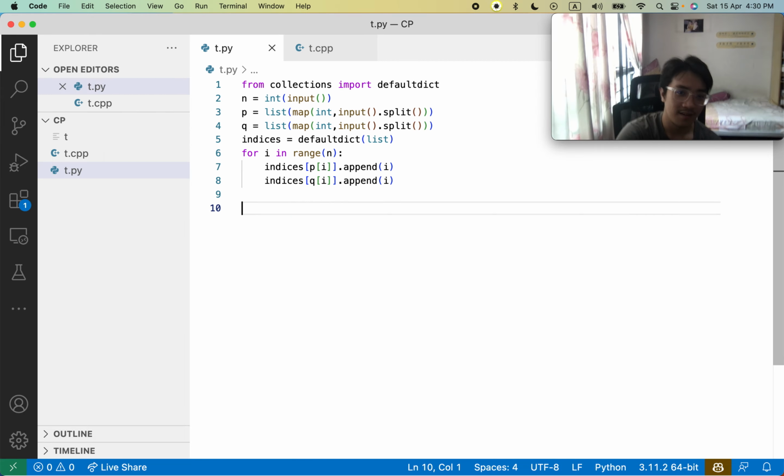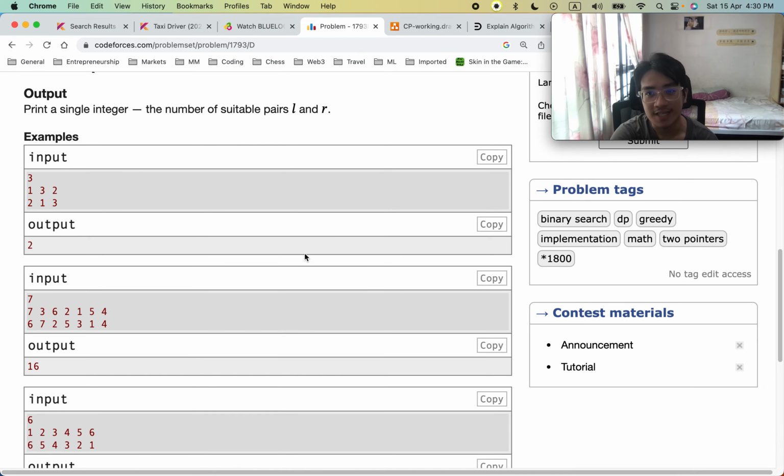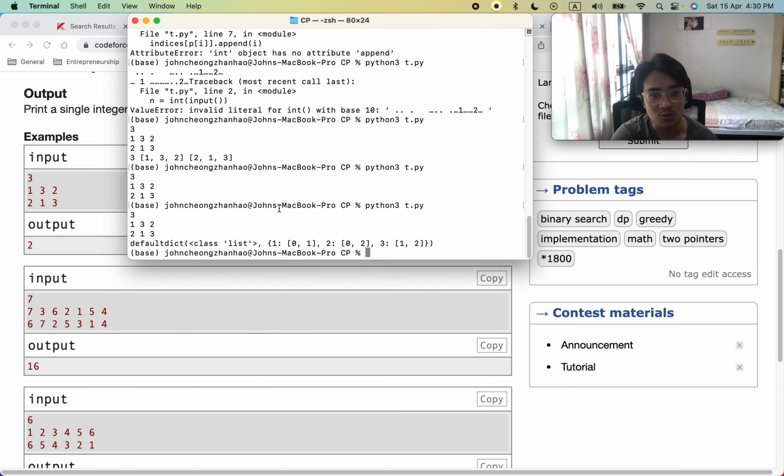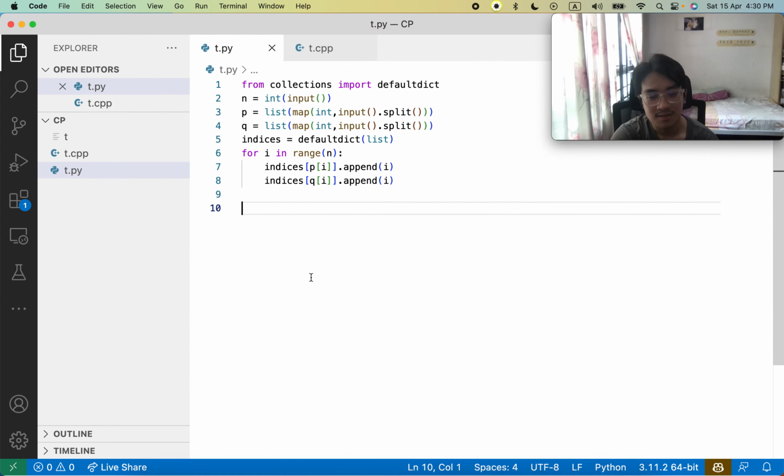Now after we got that done, now we need to, let me think what we should do.